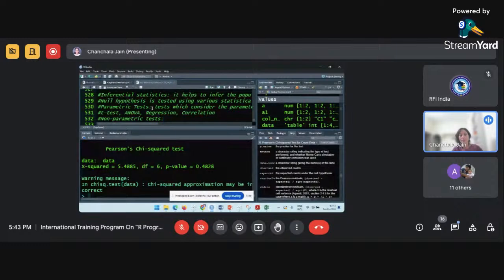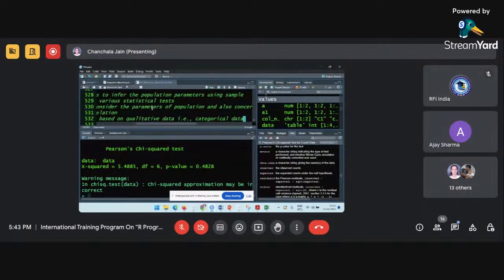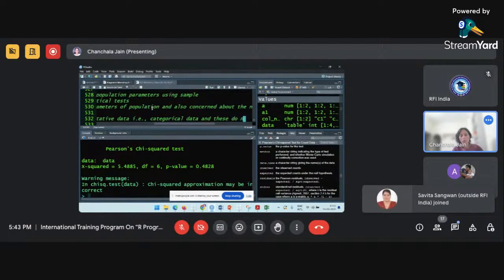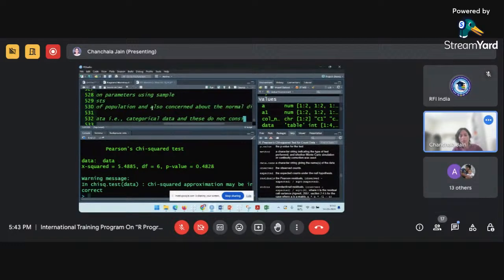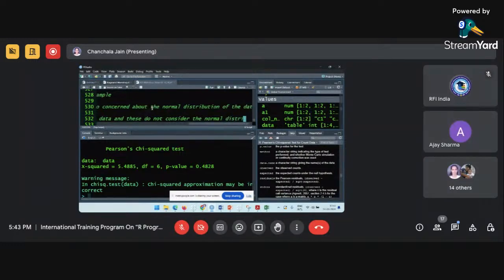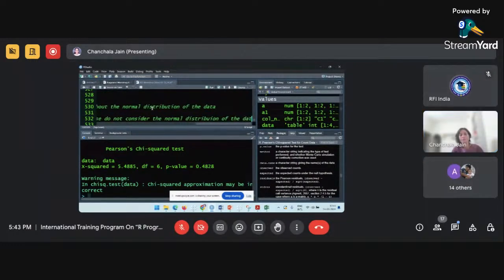Talking about non-parametric tests, generally these tests are based on qualitative data, that is, categorical data, right? And these do not consider the normal distribution of the data, right?